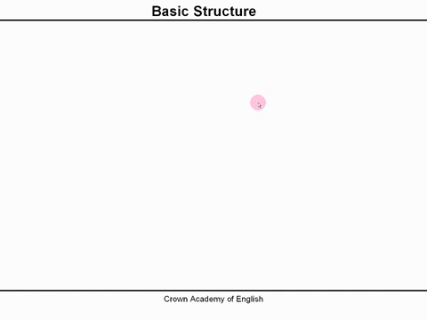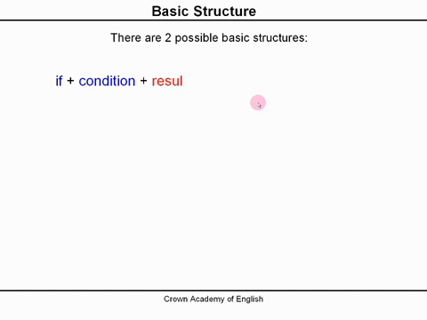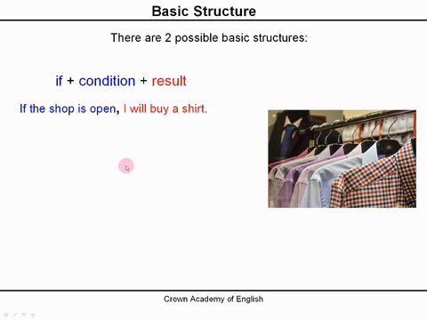The basic structure. Well, there are two possible basic structures. We have two choices. The first choice is we can say if and the condition and then the result. For example, if the shop is open, I will buy a shirt.